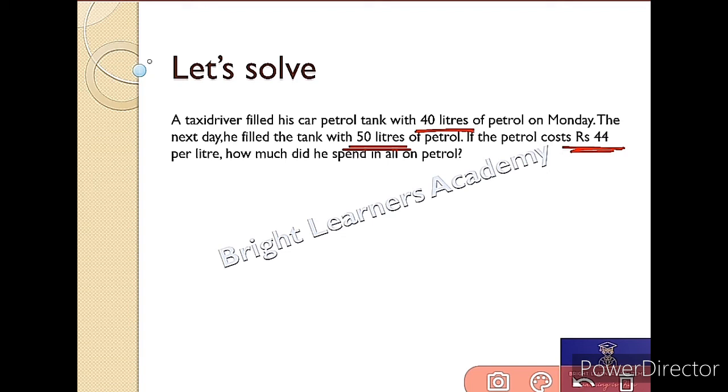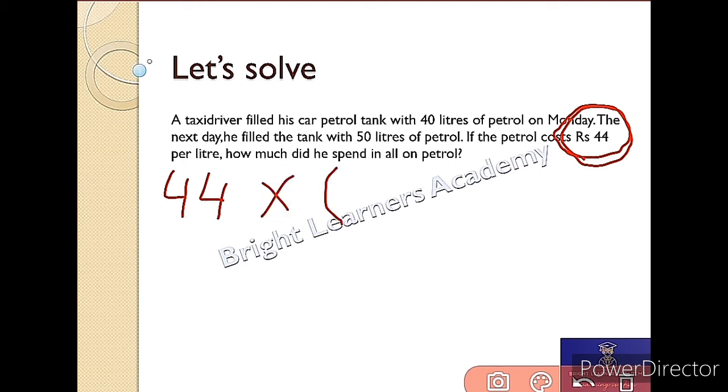Then you will just put them in your formula because 44 rupees is common here. Okay, so I will write 44 outside our bracket, multiply, and one day he took 40 liters petrol and in next day he took 50 liters petrol. So I put them in bracket because the cost of petrol is 44, so I will have to multiply to both.